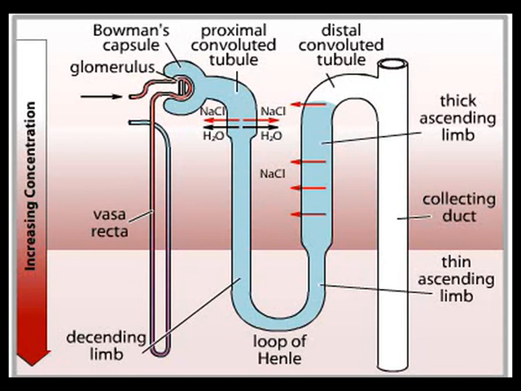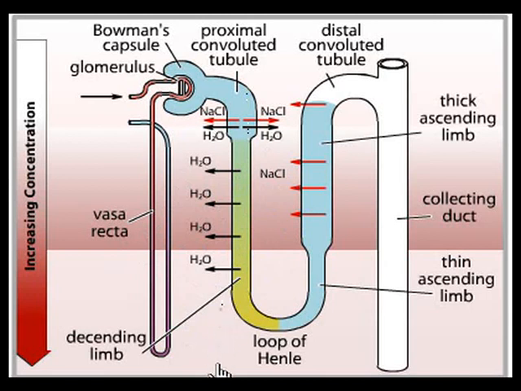Since the surrounding fluid has been made more concentrated, water leaves the tubule by osmosis. From here, water leaves the tubule by osmosis, as you can see here, because there is a higher concentration here, and this is permeable to water, and passively water is reabsorbed back into the surrounding medulla.